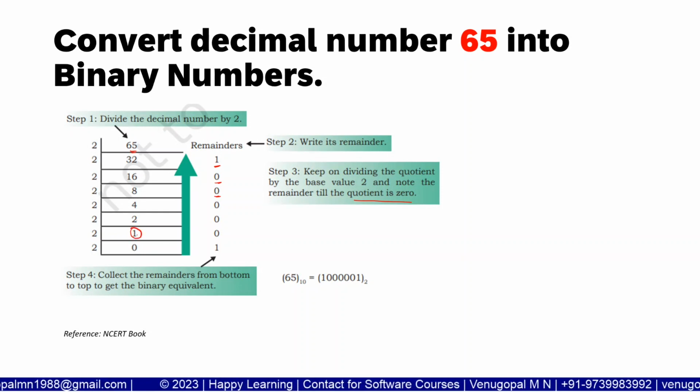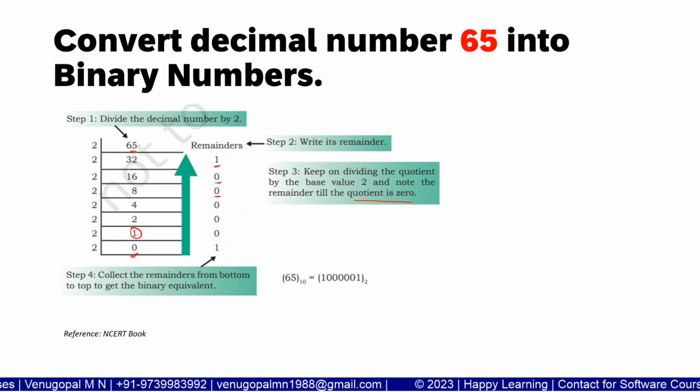Then 1 is left here, but you still have to continue the process one more time, because you can stop only when you get the quotient as 0, correct? You are going to divide this 1 by 2. 2 1s are 2, but this 1 is less than 2, correct?